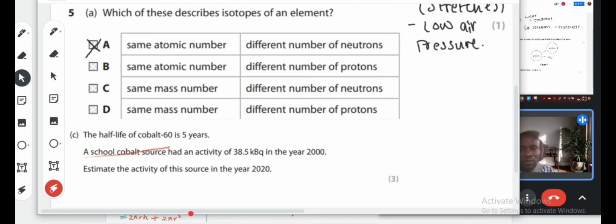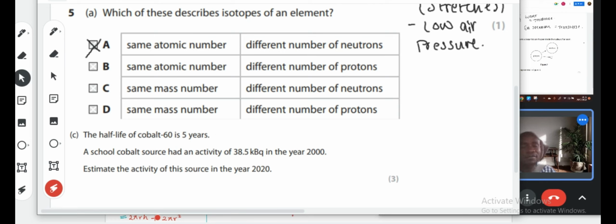A school cobalt source had an activity of 38.5 kilobecquerel. Becquerel is the SI unit of activity, in the year 2000. Estimate the activity of this source in the year 2020. That's after 20 years. The half-life is 5 years.